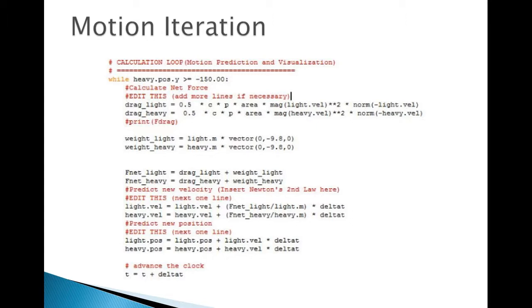I calculate the drag force, which is this, and I also calculate the weights of each stack. Then you can find the net force acting upon each stack, calculate and update the velocities, and update the positions as you go through the loop. When you reach the end of the loop, it prints out the time it took for the plates to reach the ground.